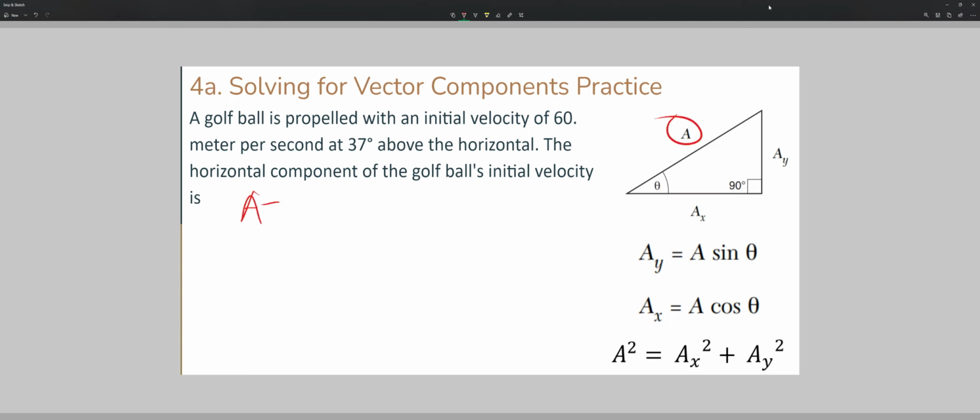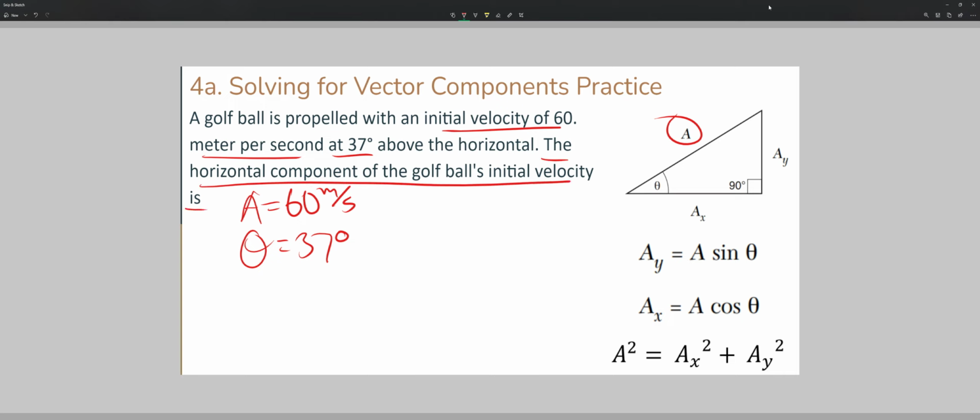So a is 60 meters per second, that's my launch velocity. And I launch at 37 degrees above the horizontal. The question asks for the horizontal component of the golf ball's initial velocity. So here they're looking for ax, your horizontal component.